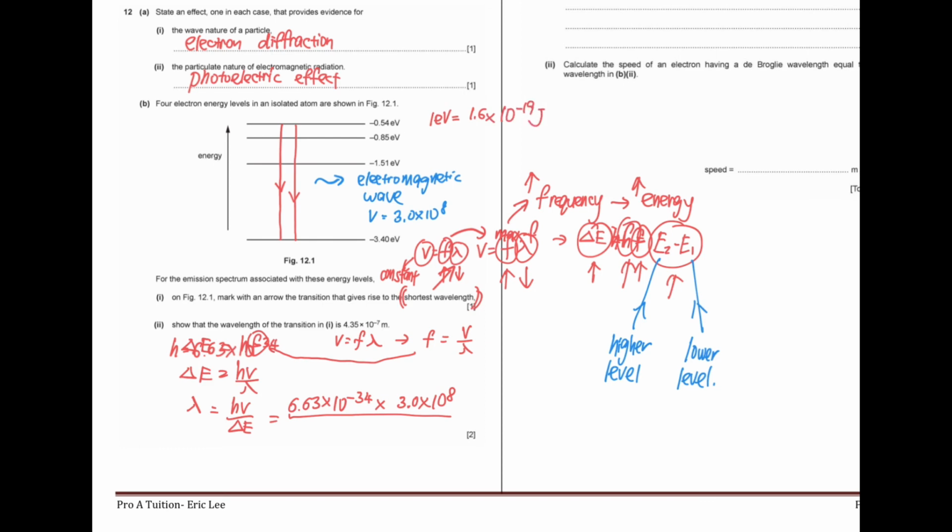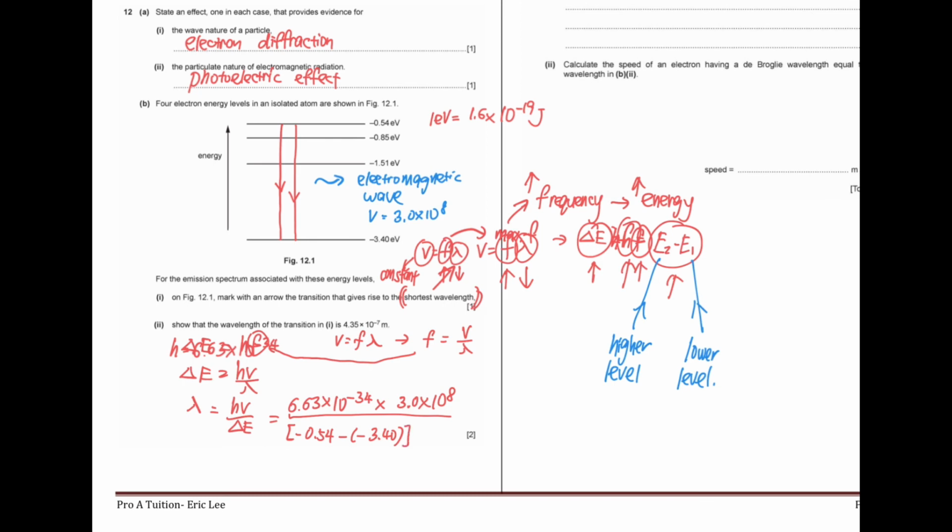To find the change in energy, we take the higher energy minus the lowest energy, which means negative 0.54 minus negative 3.40.